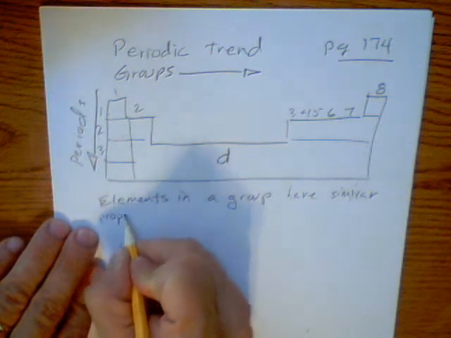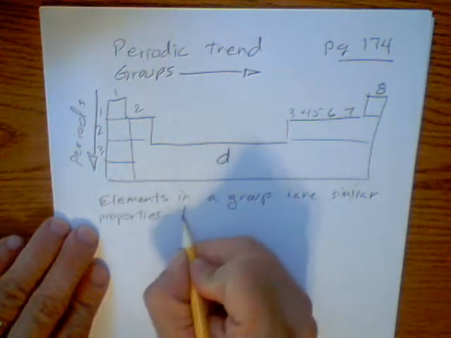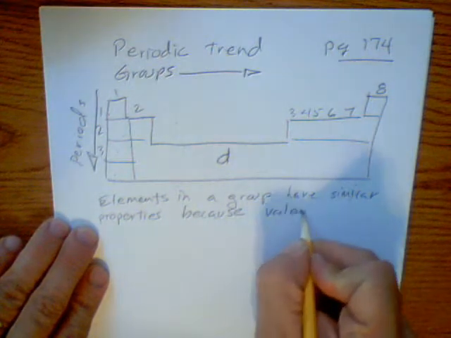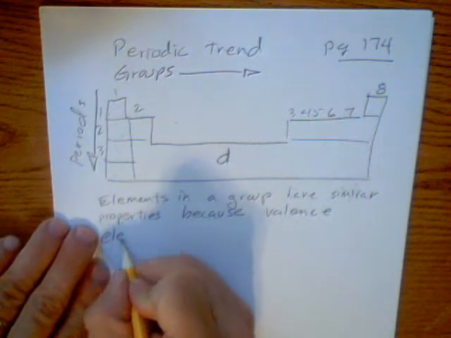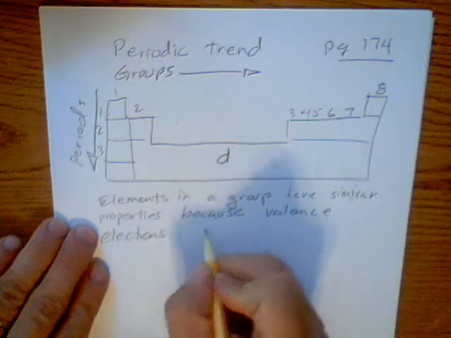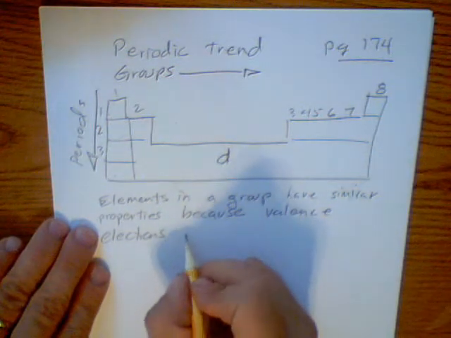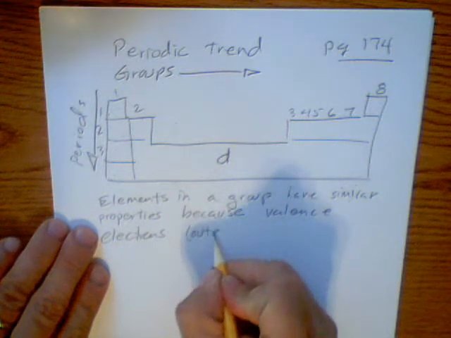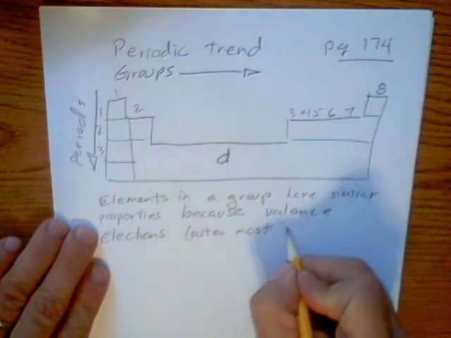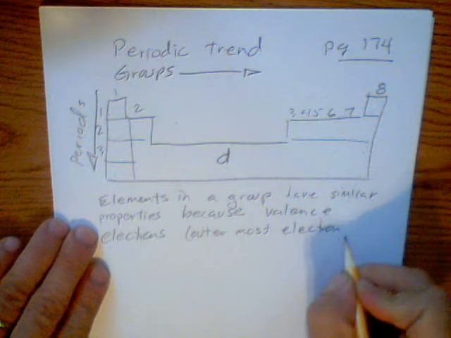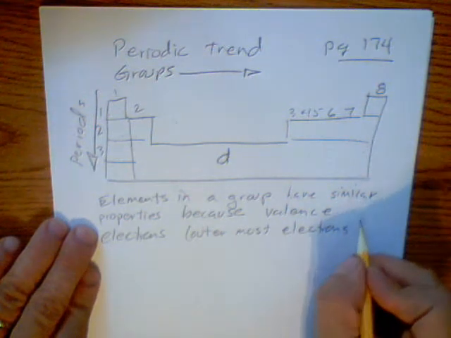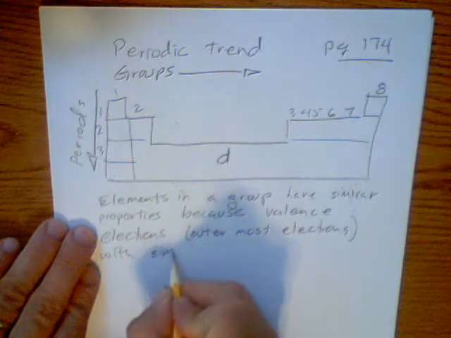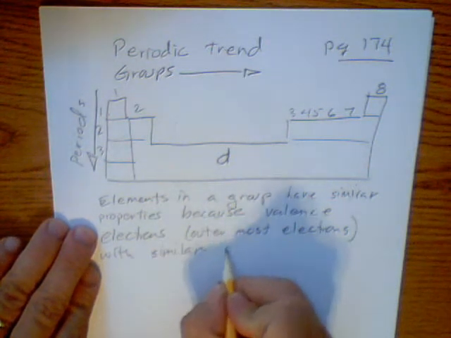properties because of valence electrons, outermost electrons, with similar configurations.